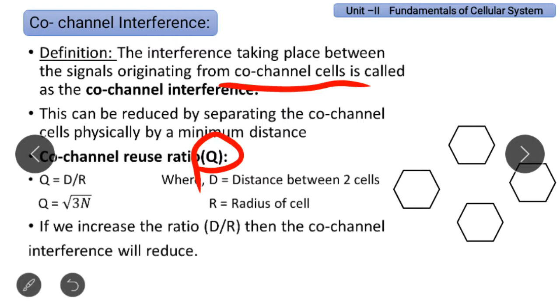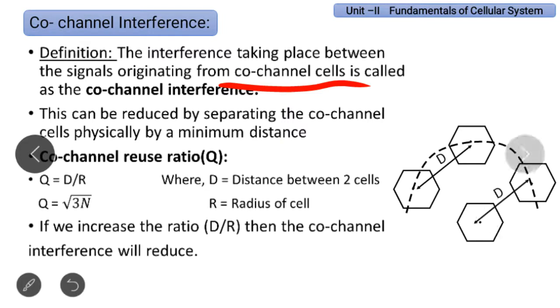At what distance do we have to keep another cell with the same frequency? Q is equal to D by R, where D is the distance between two cells and R is the radius of the cell. So Q is equal to the square root of 3N.